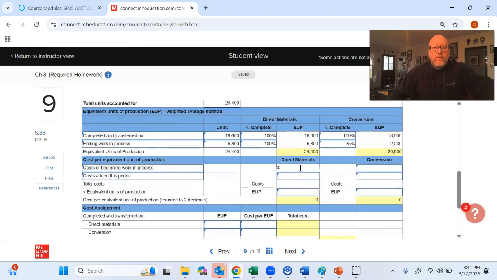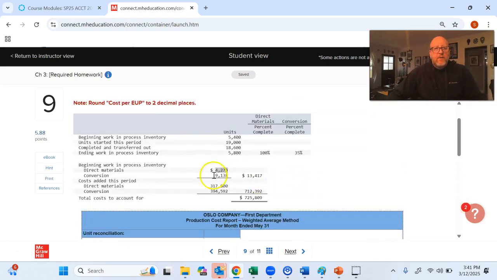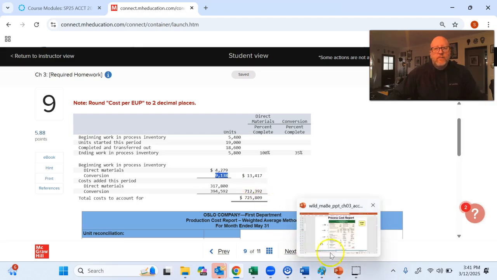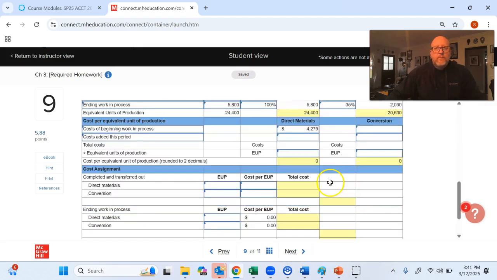My conversion costs at the beginning of the period, again, this is all the beginning work in process, are 9,138. Again, conversion costs, beginning work in process.